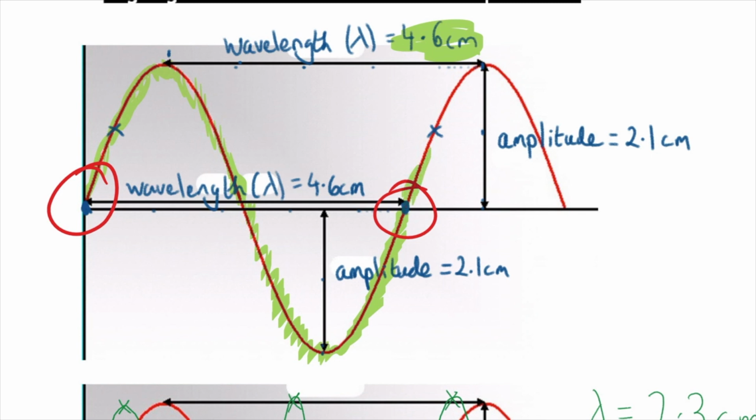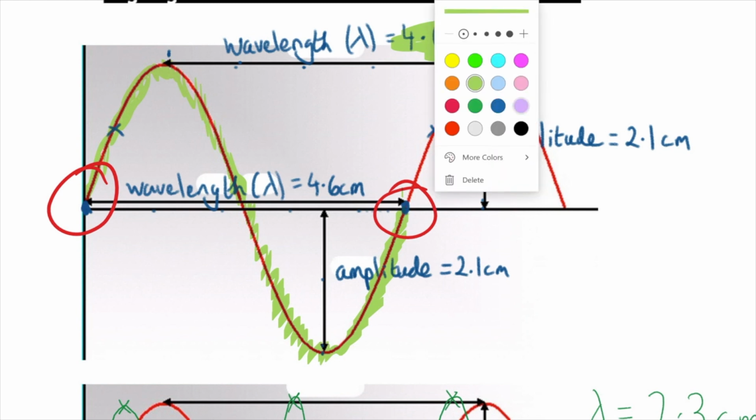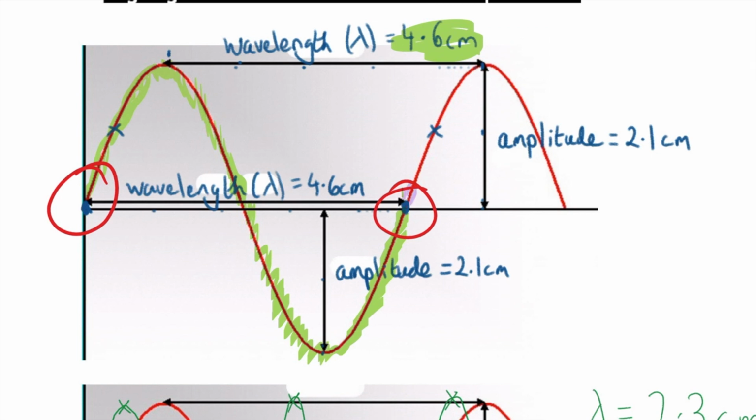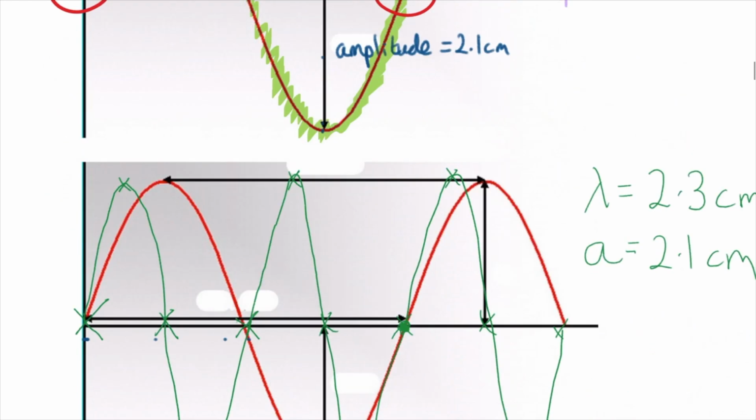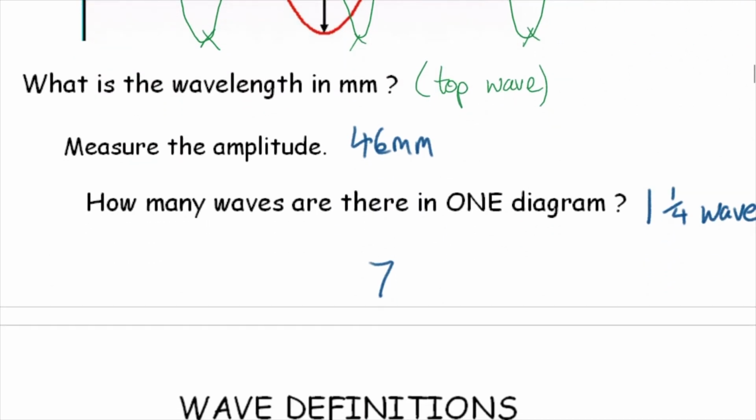So that's a quarter of a wave, and that's 1.5 waves. I could do that in a different colour just to make it stand out. I'll do the next second wave in purple. So that purple now is the second wave, 1.25, 1.5. 1.5 waves.